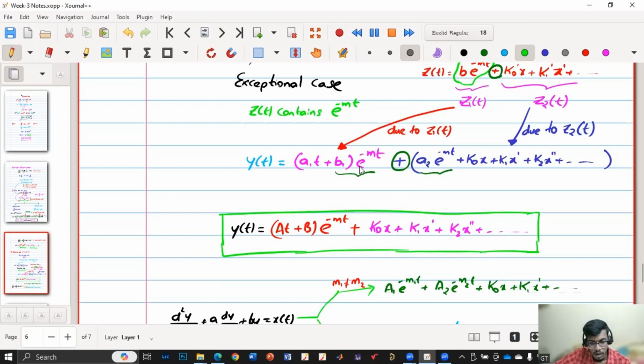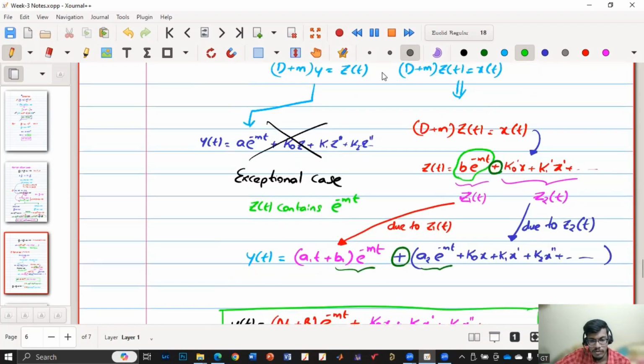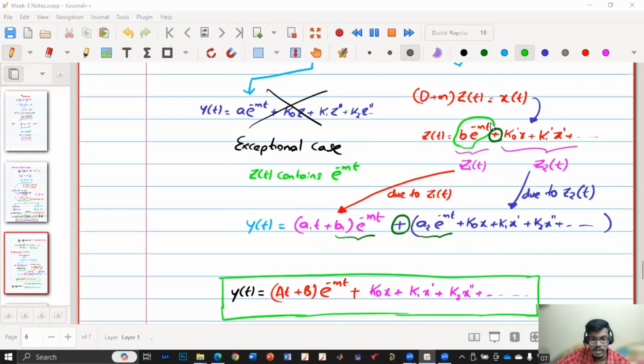So this term is coming only because of the natural response of this first order equation. And that's why it will only affect the natural response, because we have seen that the solution will be like this, and the other forced response is not changed.